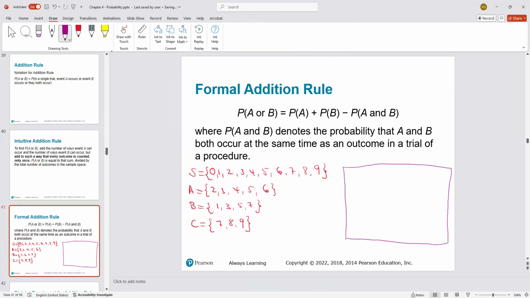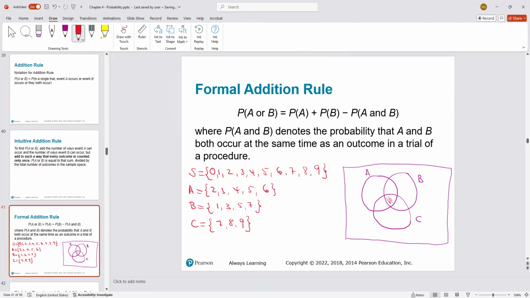So I can make them all overlap: I have A, I have B, and I have C. Now, what are the elements you find in all three?